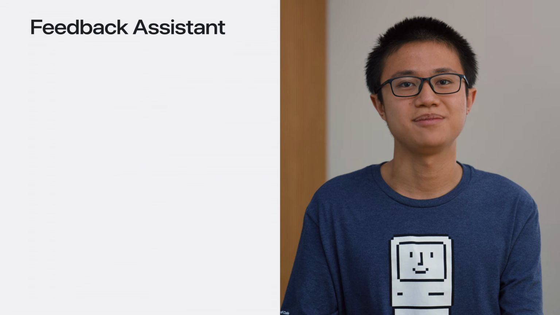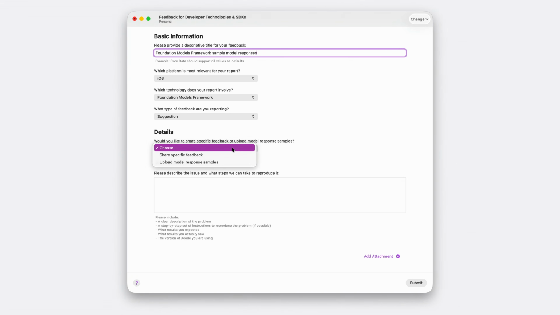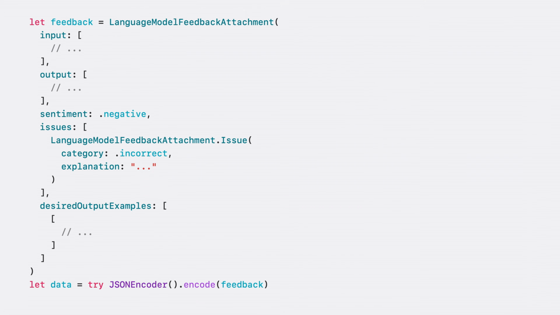Now, as you develop your app, you may have feedback that can help us improve our models and our APIs. We encourage you to provide your feedback through Feedback Assistant. We even provide an encodable feedback attachment data structure that you can attach as a file to your feedback.